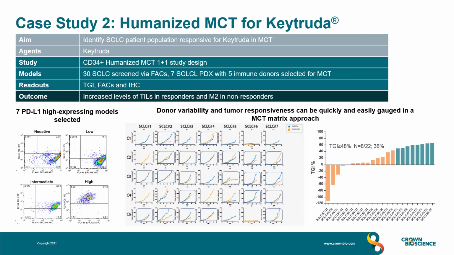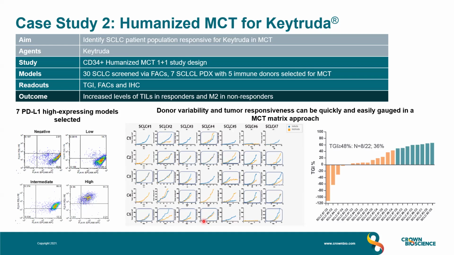So in this design, 5 donors for CD34 stem cells were used to construct the humanized mice, and 30 small cell lung cancer PDX models were screened for PD-L1 expression by FACS. And then 7 were selected and moved into the pharmacological studies. So 1 tumor was implanted per humanized mouse.